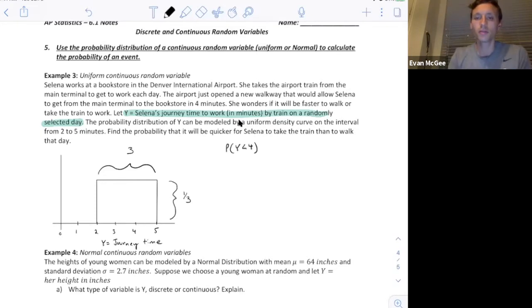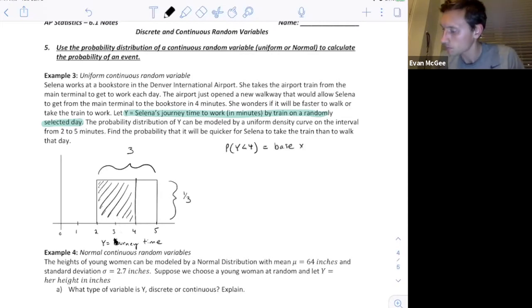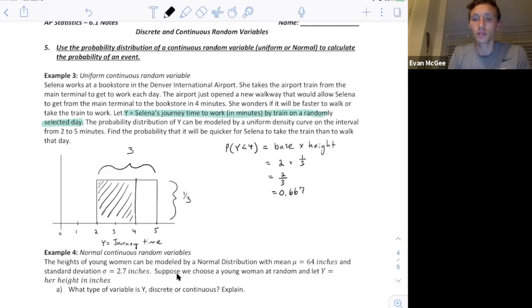To find the probability of her having a time less than 4 when she takes the train, we always use the area under the density curve. So less than 4 will be this shaded region here. So we have a base of 2 and a height of 1/3. So to find the probability of y being less than 4, we'll multiply 2 times 1/3. So the probability of the train being quicker is 0.667.